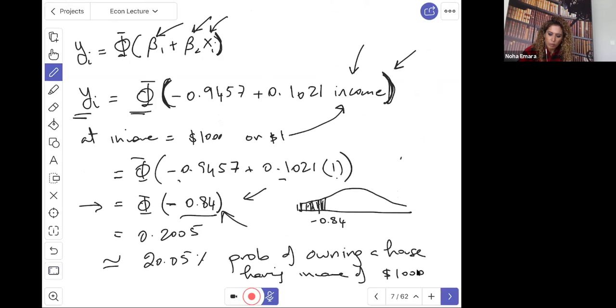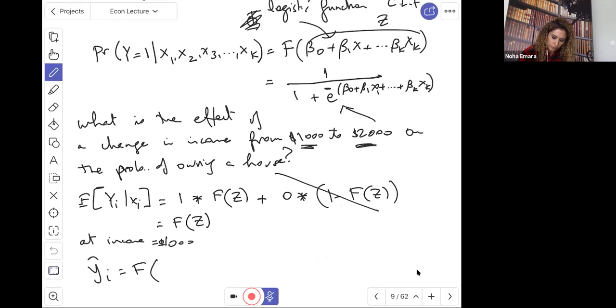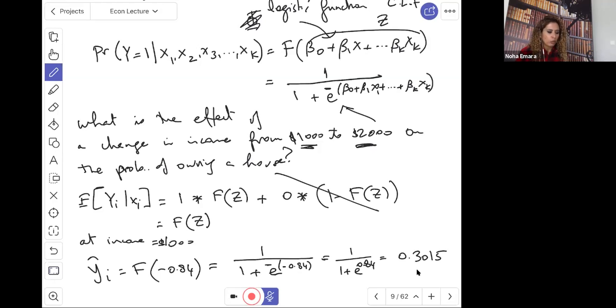So I'm just going to use the same number, negative 0.84, which is equal to 1 over 1 plus e to the power of negative negative 0.84. The negative is already in the formula, and negative times negative is just positive. So it's 1 over 1 plus e to the power of 0.84, and you will get on your calculator 0.3015. So at income of 1000, the probability is 30.15%. But this is not the question.